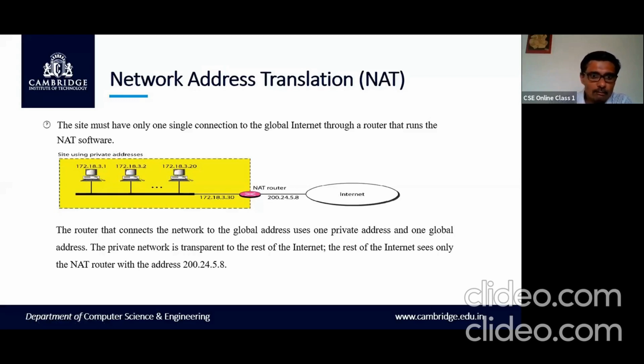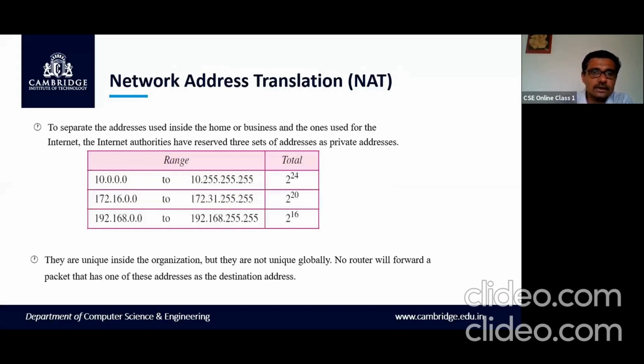Why? Because they are all private addresses, private IP addresses. Globally there are some ranges of IP addresses that are not used for the internet. They are used as private addresses, not private internet, private addresses.